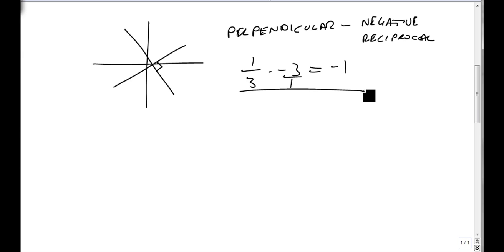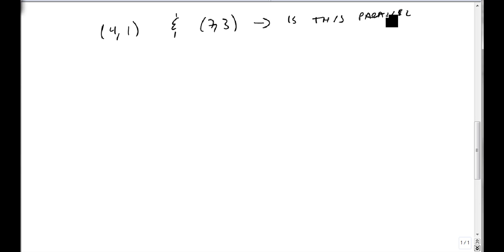And so we're going to start with a simple example. Suppose I have a line passing through the points (4, 1) and (7, 3). And I want to know, is this parallel to a line with a slope of 2/3?